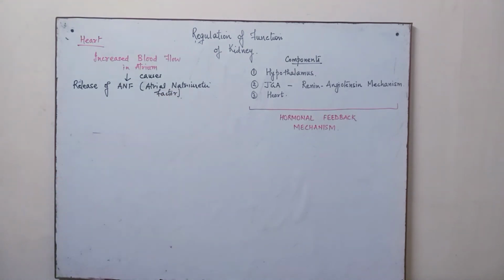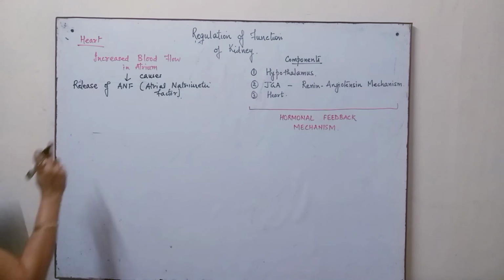Now ANF is a protein, about a 28 amino acid polypeptide hormone produced by the atria of the heart.